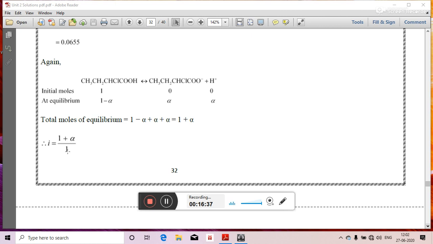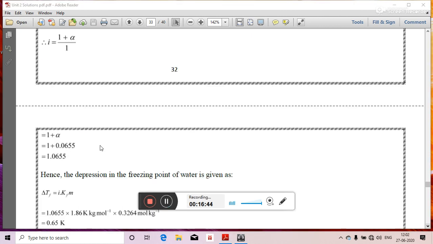So i is equal to 1 plus alpha upon 1, which is 1 plus alpha. We have just found the value of alpha, so that is 1 plus 0.0655, which is equal to 1.0655.